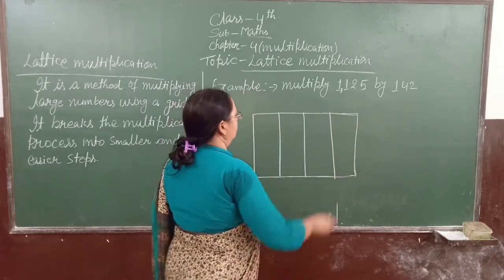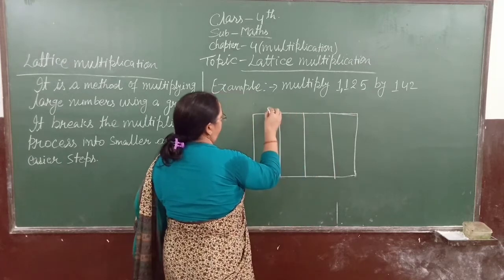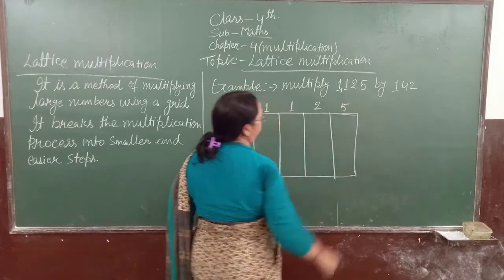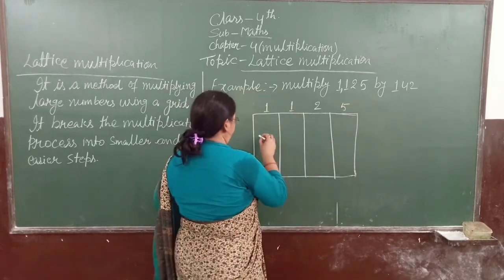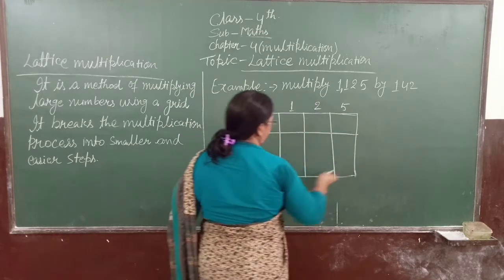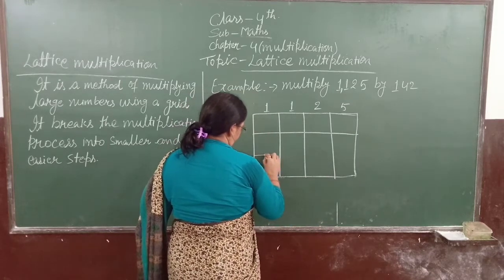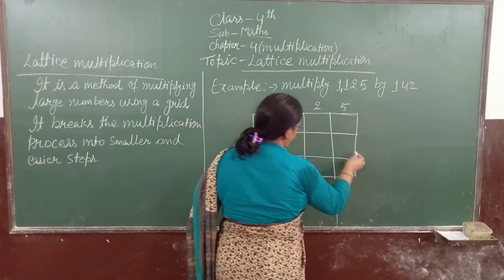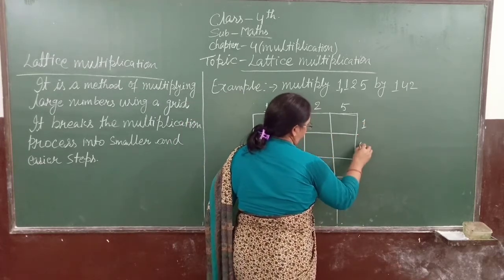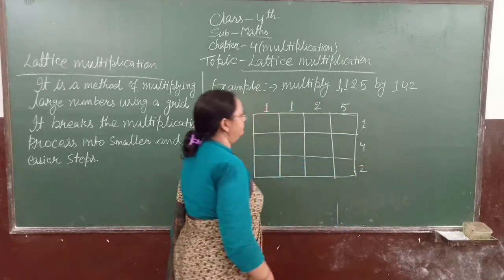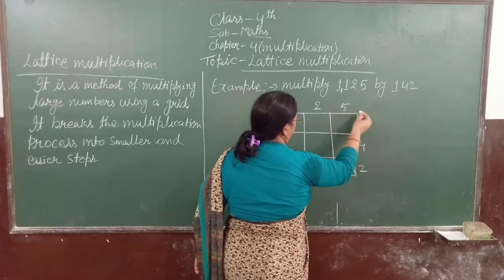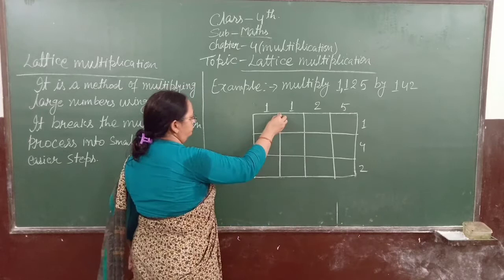That is 4. Write down here 1, 1, 2, 5, and 3 lines, 3 boxes in rows, 1, 2, 3. So put the values 1, 4, 2, and we have to divide the boxes diagonally.